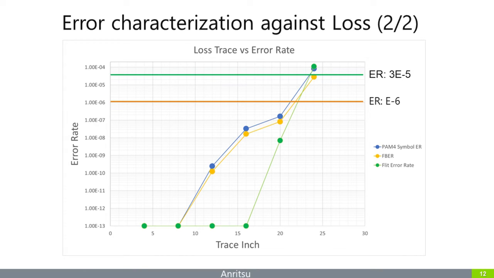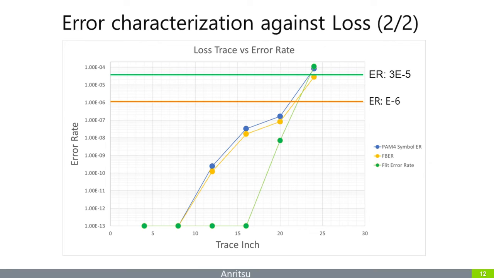But at 8 dB, you start seeing some PAM4 symbol errors. Then also you can see FBER, almost 10 to the minus 10th. But they are all correctable. So, but reported. All errors are corrected by FEC, so no flit errors.